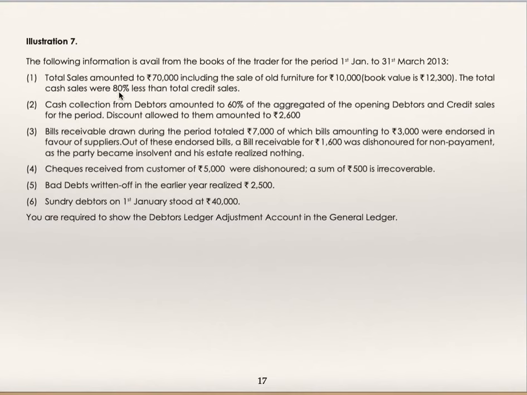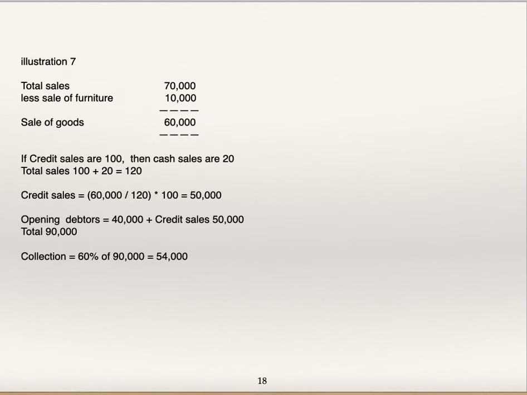Total cash sales were 80% less than credit sales. So if credit sales are 100, cash sales are 20 because it is 80% less than credit sales. So total sales will be 100 plus 20, which is 120. When total sales are 120, credit sales are 100.